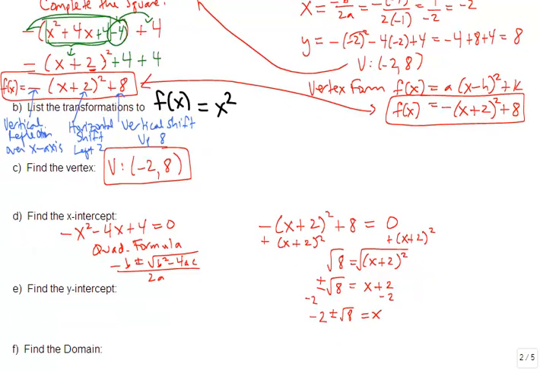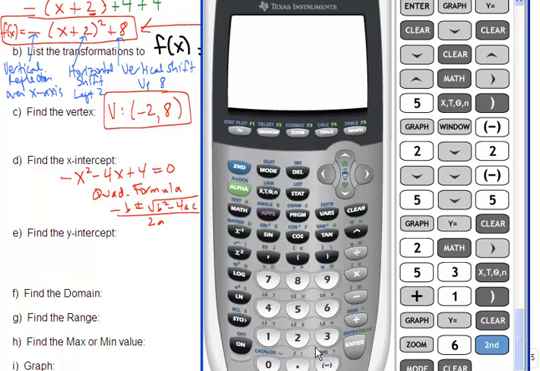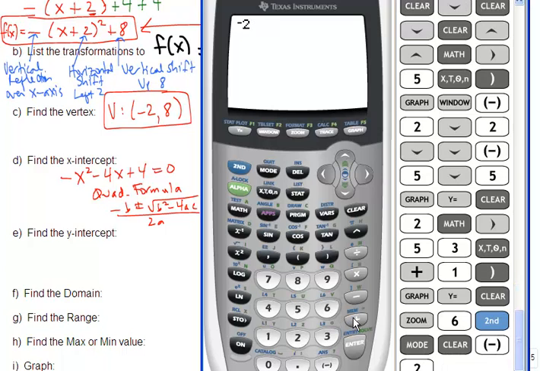Now technically, square root of 8 isn't a reduced radical because it's root 4 times root 2, which reduces to 2 root 2. So if you wanted to be really careful, you could simplify it. But usually for the purposes of graphing, we need to know what these are as decimals anyway. So you would need to just take your calculator and type in negative 2 plus 2 square root of 2.